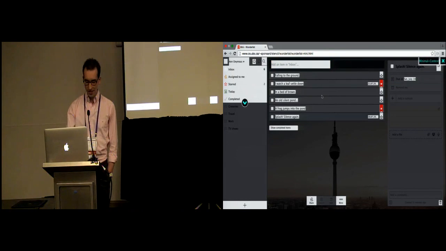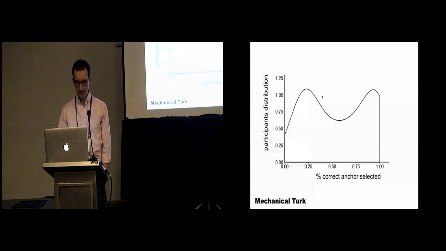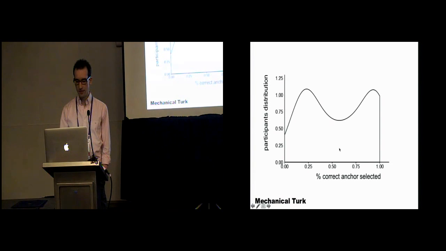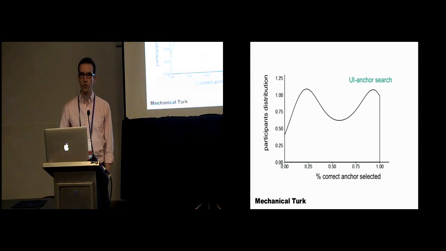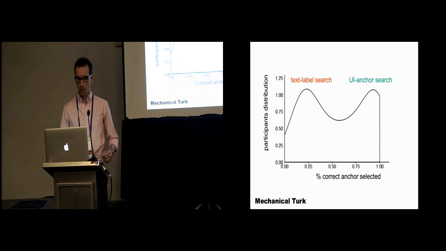And so maybe I won't go into too many details, but we can plot the distribution of our participants based on these 2 strategies. And we found that about half of them were first looking for an anchor and then clicking on it and then changing the settings, what we call the UI anchor search, whereas the other half was using mostly the traditional text label search approach.